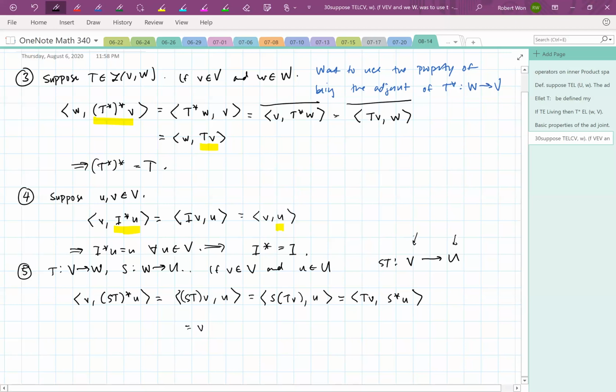So this is V, the inner product of V and T star applied to S star of U. But this is just the map T star S star applied to U. And yet again, this vector and this vector are the same vector. That's true for all U and U. This means that this map is equal to this map, which is what we wanted to show.